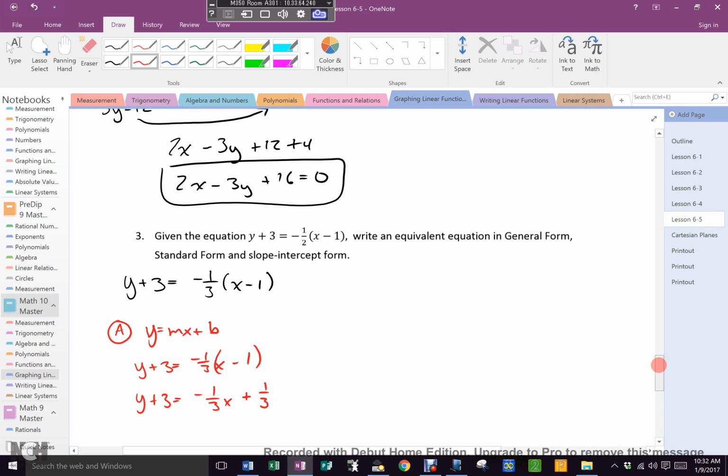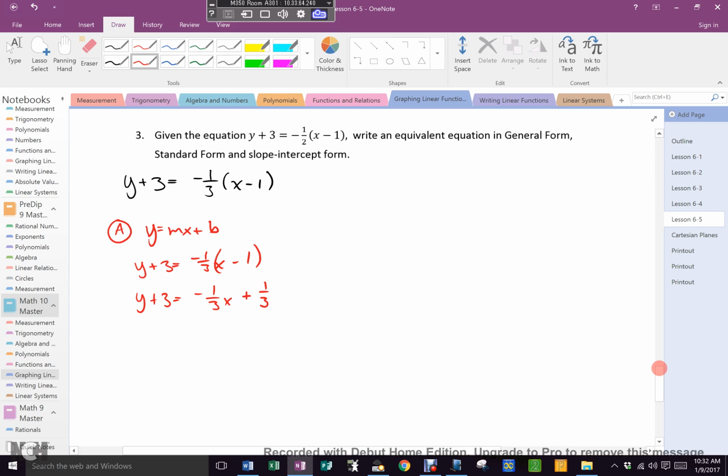Okay. Remember, my job right now is to get y alone. What now? Move the 3. Y equals negative 1/3 x, 1/3 minus 3. Uh-oh, fractions. What would be 0 minus 3? There's 0.